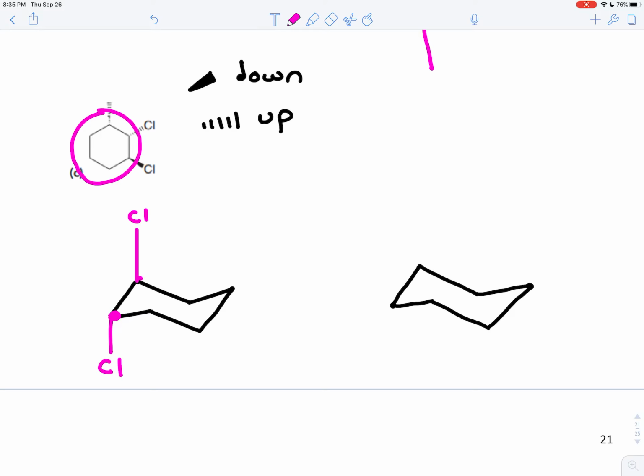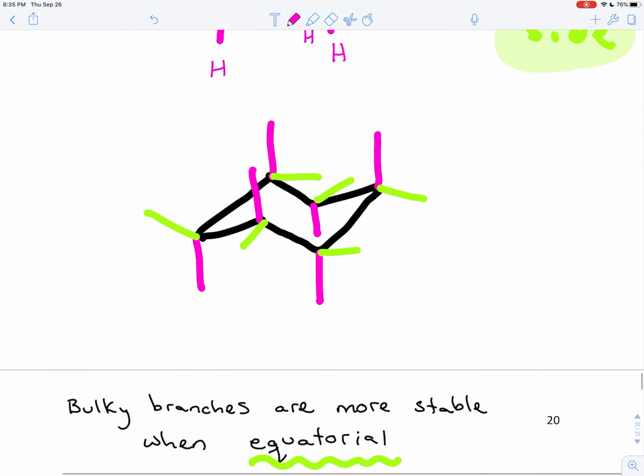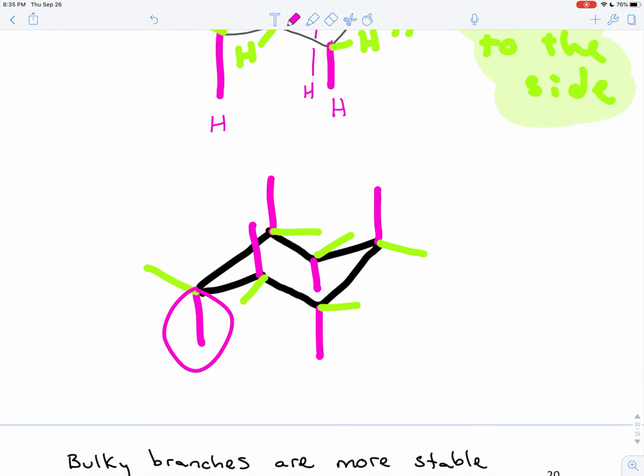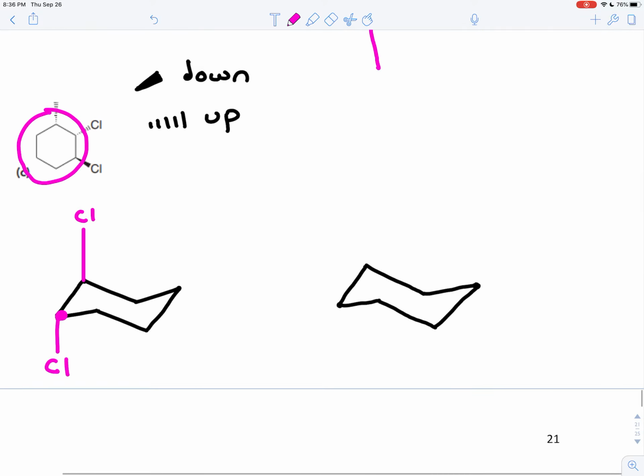If on one carbon it's axial down, on the carbon next door it's axial up. Next carbon, axial down, axial up, axial down, axial up. And so we can compare to that one that we drew earlier. You can see that if this is axial down, the one next door is axial up. Let me just fill that in. There we go. So axial up.